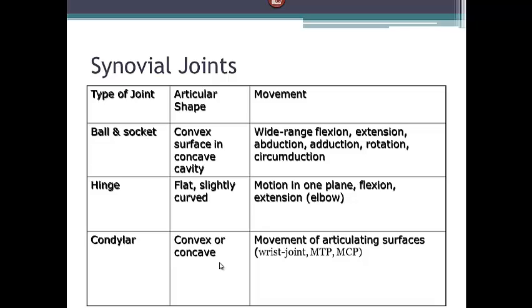One axis is the long diameter of the oval, and the other axis is the short diameter of the oval. The wrist joint is one example as well, and in addition to that, the metacarpophalangeal joint and metatarsophalangeal joint.